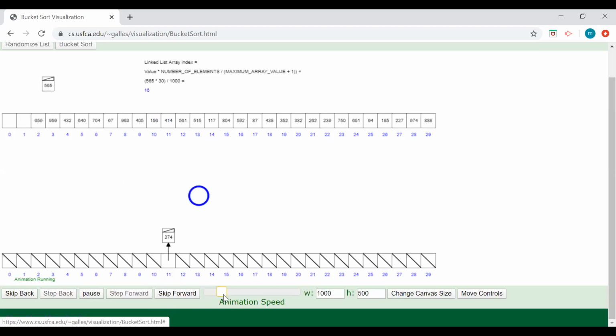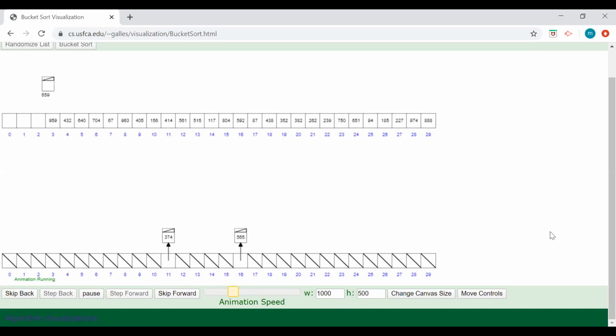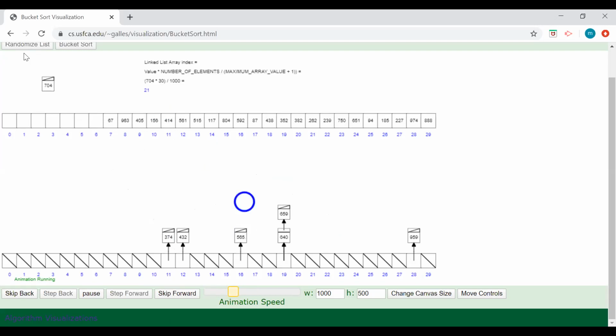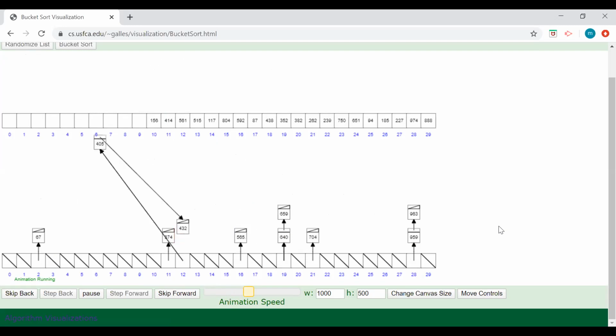I'll speed it up a bit more. For each value, it looks at which list to put it into. Now, this was a random list, by the way. It built a random list; I didn't build it. Random numbers between 0 and 999, we expect, depending on the random number generator. We talked about random numbers, and how random the random number generators are.